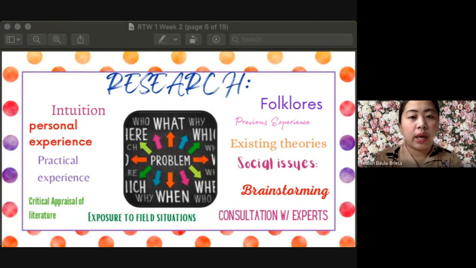And then we have exposure to field situations, where we can get plenty of ideas in order to begin our research.